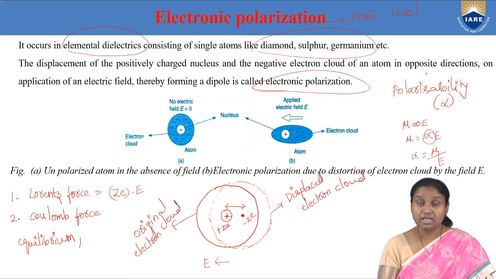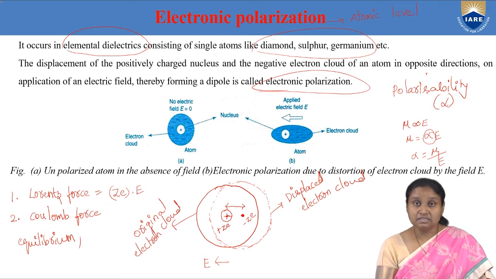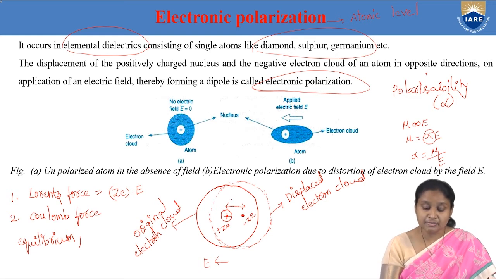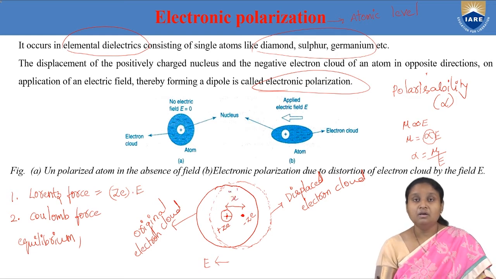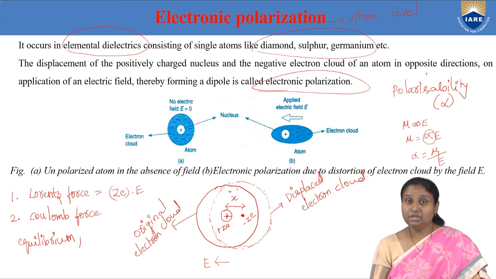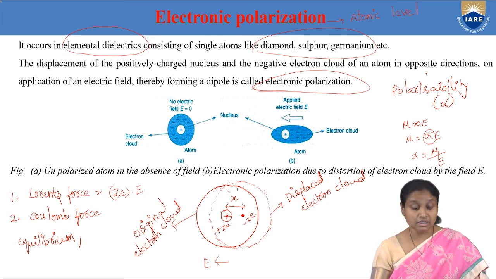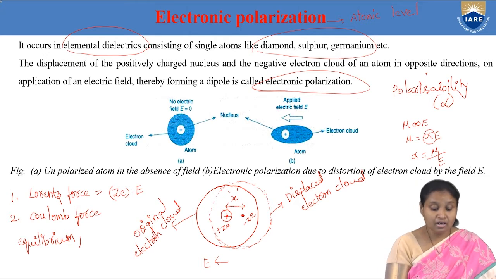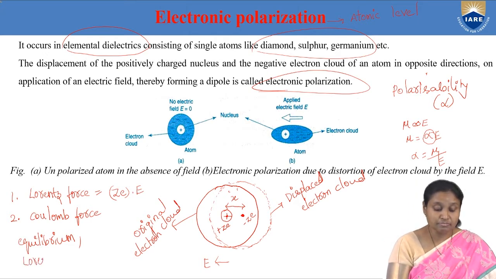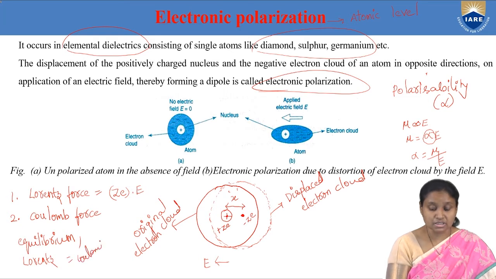Let us suppose that at that stable condition, the center of the positively charged nucleus and the center of the electron cloud are separated by a distance x. What is x? x is the distance between the center of the positively charged nucleus and the center of the electron cloud under equilibrium condition, where the Lorentz force and Coulomb force balance each other. So these two forces are equal and opposite.